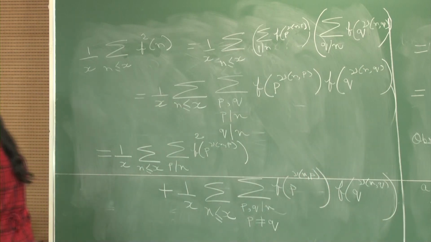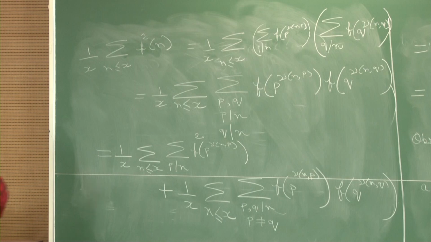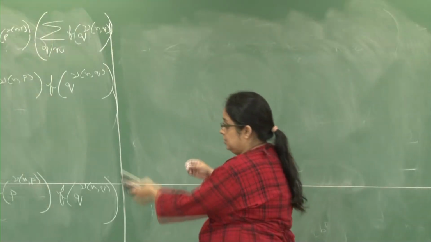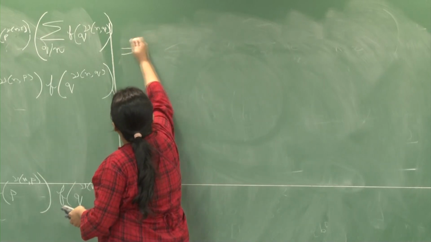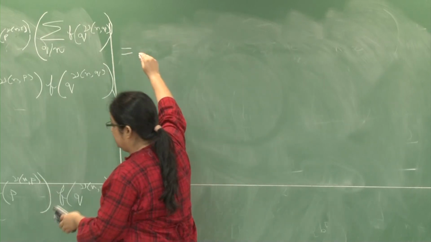Okay. Now, let us look at the second part carefully. What is going on here? If you do an interchange for the second sum, okay, so this is just for the first thing, we don't have to worry so much.